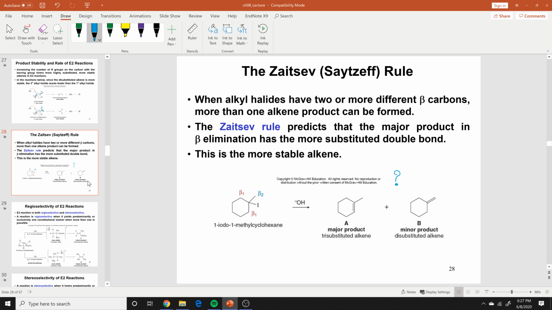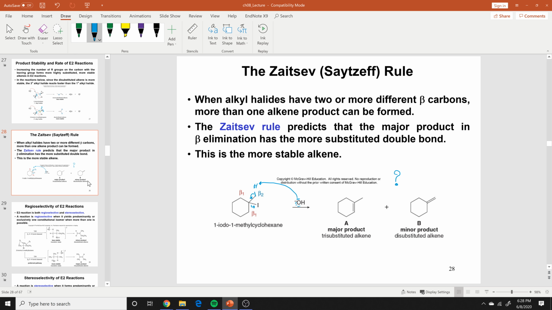So all you can do is allow the base to take the beta hydrogens and form your alkene. Here I have two beta carbons, so two types of beta hydrogens. This is my first beta hydrogen. This is the beta 2. So the base is going to come, take that beta hydrogen, using its lone pair, form a double bond, and iodine is going to leave.